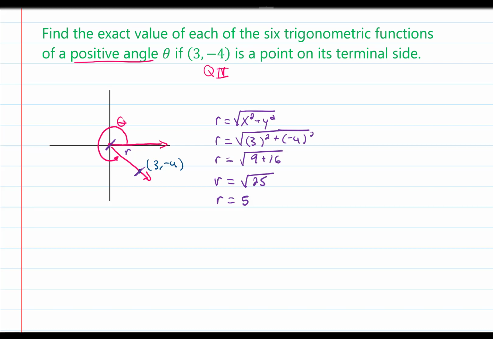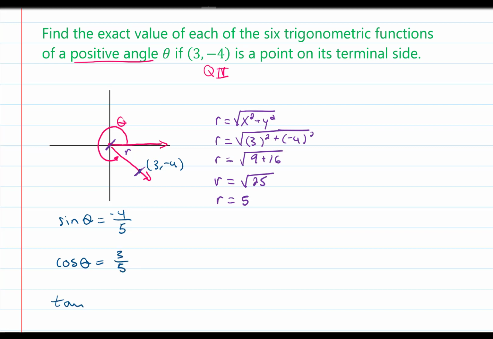So now let's identify our 6 trigonometric functions based on the fact that we know the value of x, y, and now also r. So sine of angle theta is equal to y over r, which would be negative 4 over 5. Cosine of angle theta is equal to x over r, which would be 3 over 5.